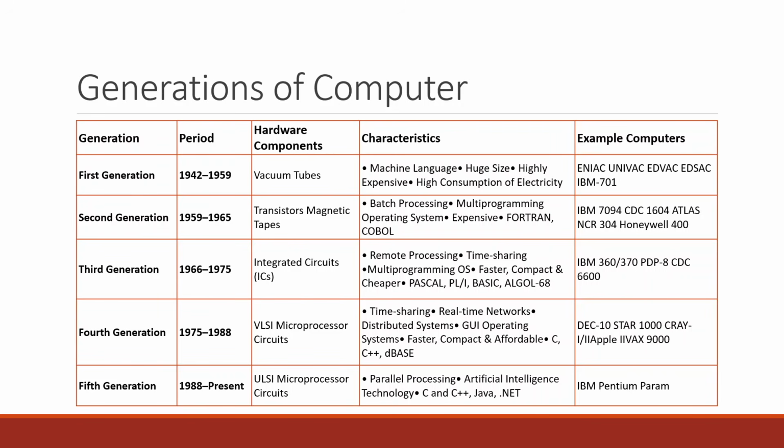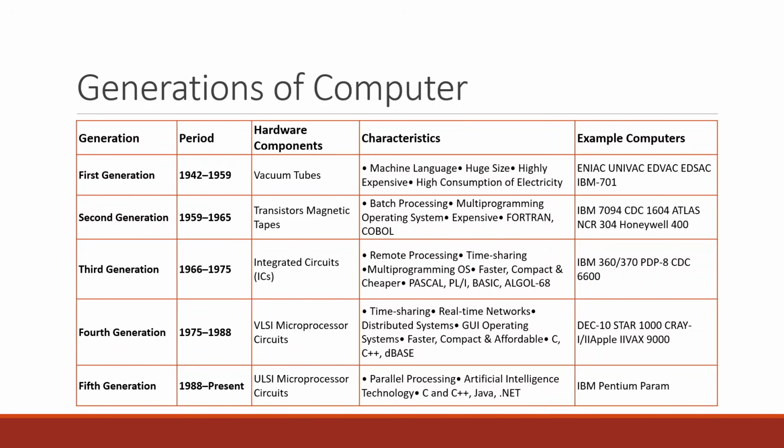The second generation of computers runs from 1959 to 1965. In this generation, they used hardware components like transistors and magnetic tapes. They introduced batch processing, multi-programming operating systems, and the Fortran and COBOL languages.